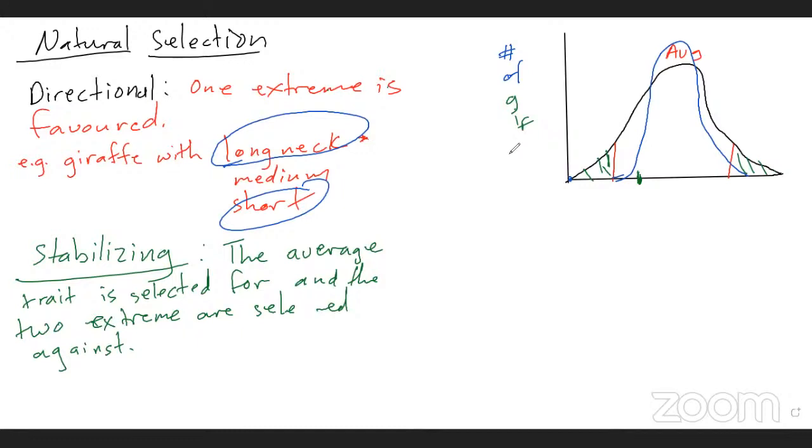So for example, let's use climate. Let's say the temperature is 35 degrees Celsius every day, right? And you have some animals with really thick fur. At that temperature, it insulates them too much. And then you have some with no coat at all.